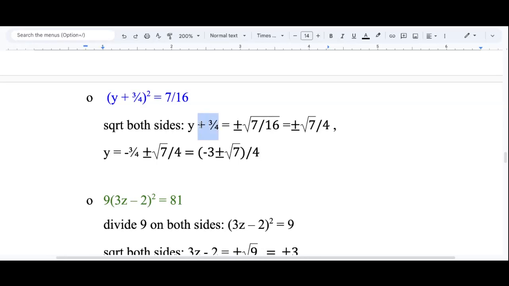Then we move this positive 3/4 to the other side, and it becomes negative. So y equals negative 3/4 plus minus square root of 7 over 4. Because we have a common denominator of 4, maybe you can write them together as negative 3 plus minus square root of 7, all divided by 4.